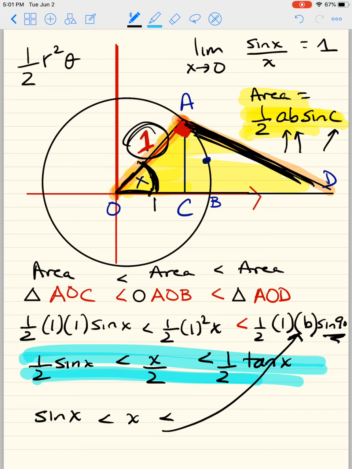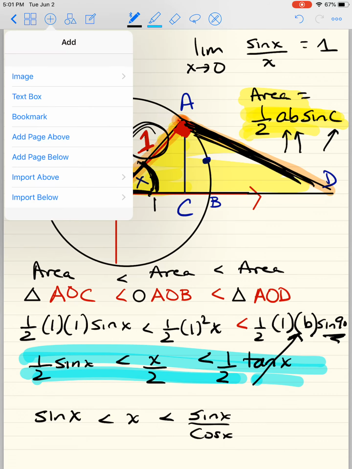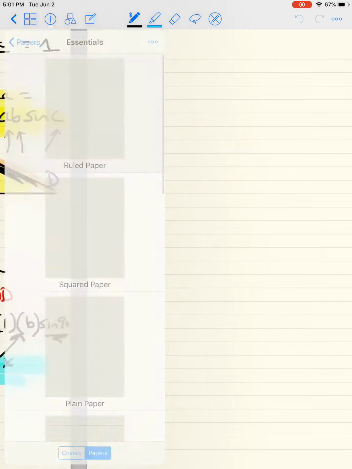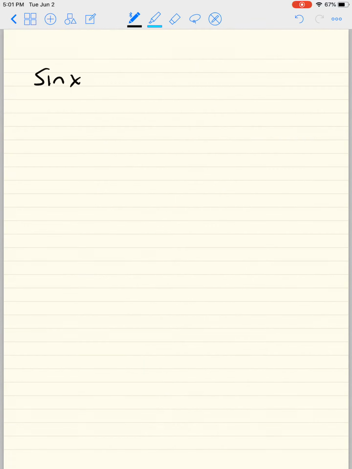But I'm going to rewrite tan x as sine x over cosine x. So now what I'm going to do is divide everybody by sine x. I'm trying to squeeze this thing, okay? So right now I have sine x. I'm going to have to add a new page, sorry. I have sine x is less than x, which is less than sine x over cosine x.